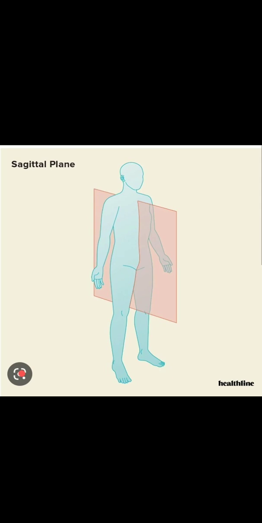The plane may be in the center of the body and divide it into 2 equal parts, or away from the midline and divide it into unequal parts. So in this plane, either it can be at the middle and divide it into 2 equal parts, or away from the middle and divide it into unequal parts.